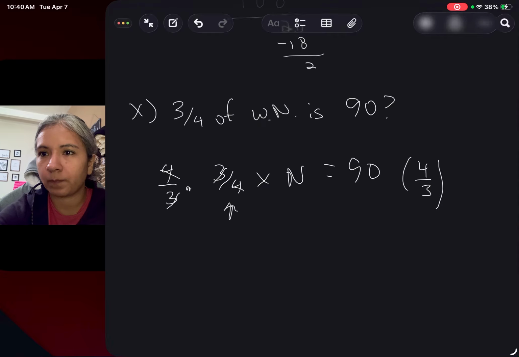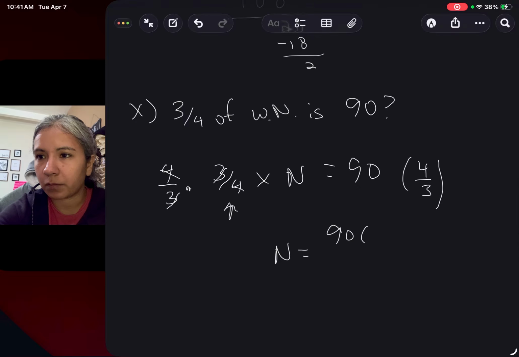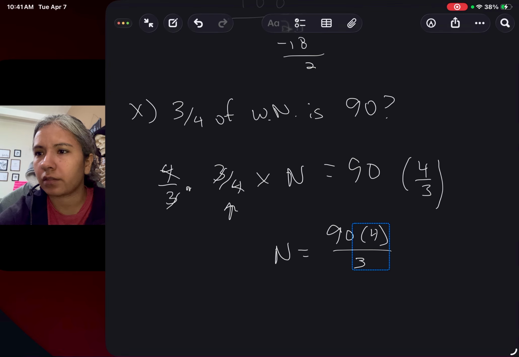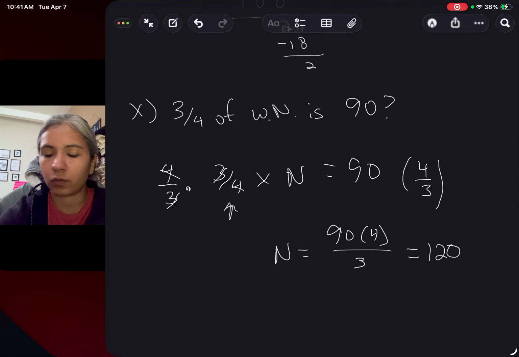These cancel. So N equals 90 times 4 divided by 3, right? And 90 times 4 is 360, and divide that by 3, which is going to be 120.